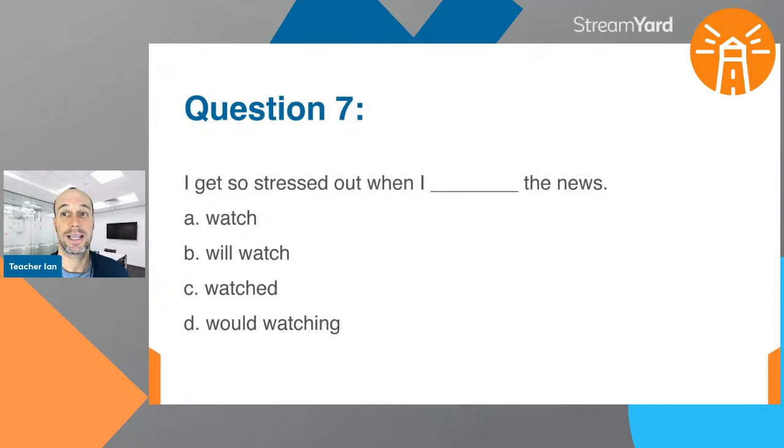Christian answered A. That's great. All right, A is the answer. So this is the zero conditional. This is something that's always true. I get so stressed out when I watch the news. So you got it. I think everybody got that one.